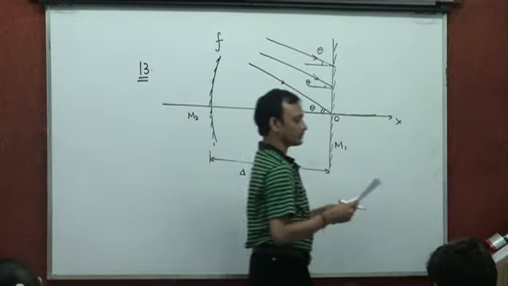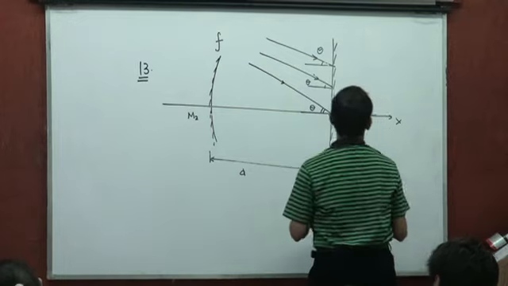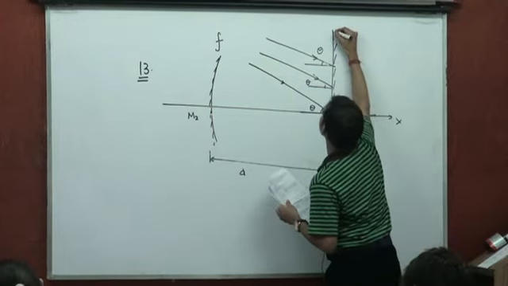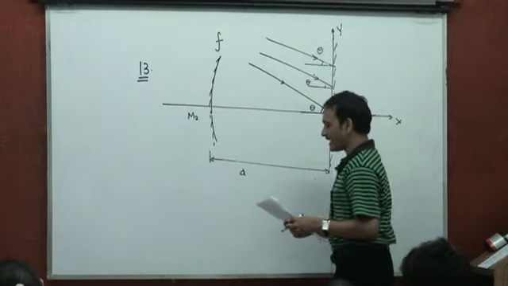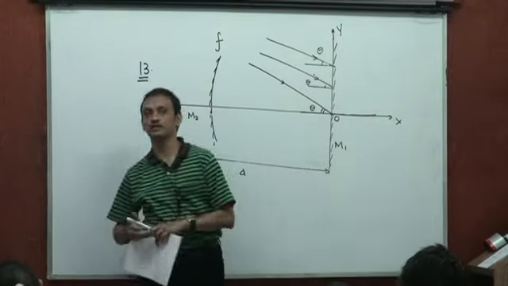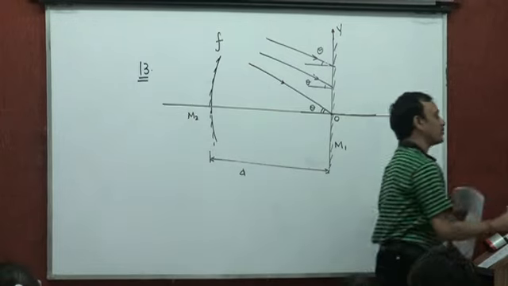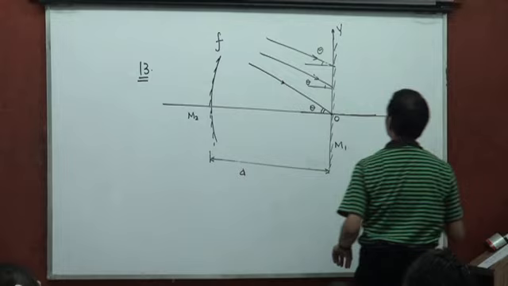We want the x and the y coordinates of the final image. This is the origin, this is the x-axis, this is the y-axis. We want the x and the y coordinates of the final image.